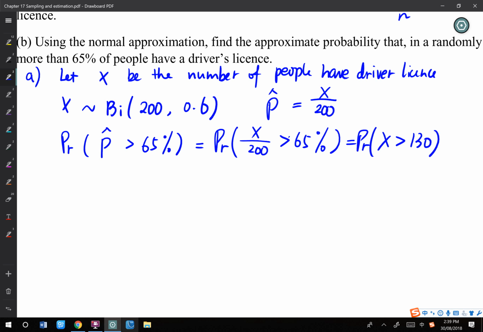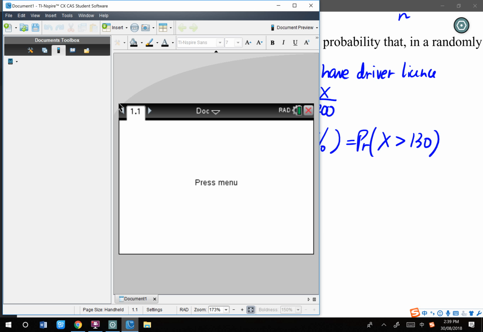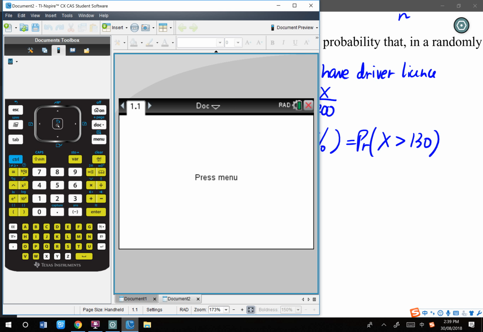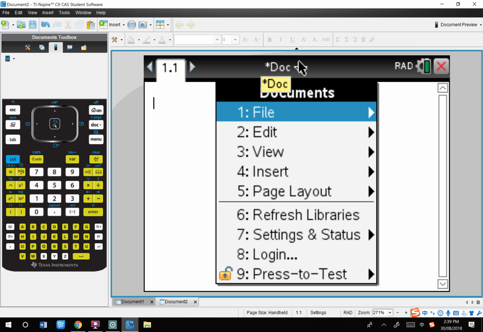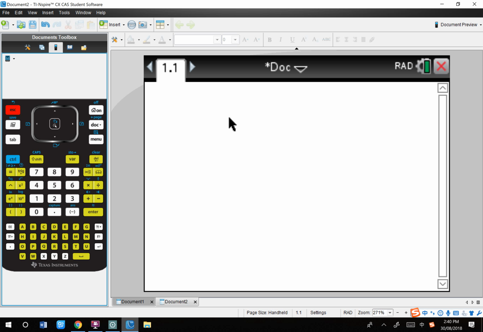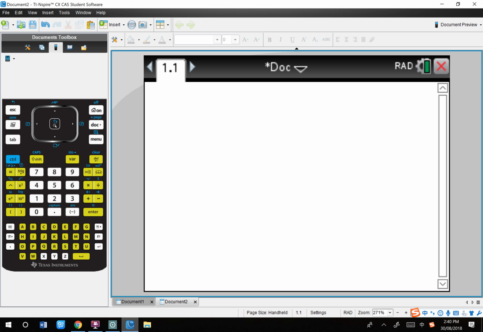So 200 times 0.65, we have 130. So this is a binomial CDF, because we are talking about x instead of talking about the p-hat.